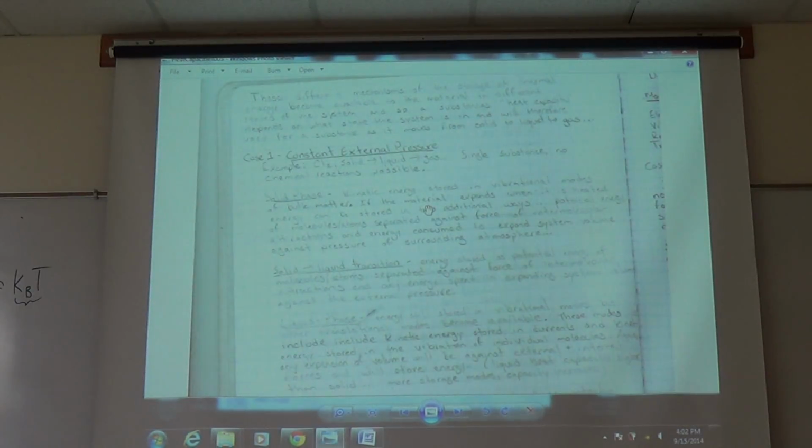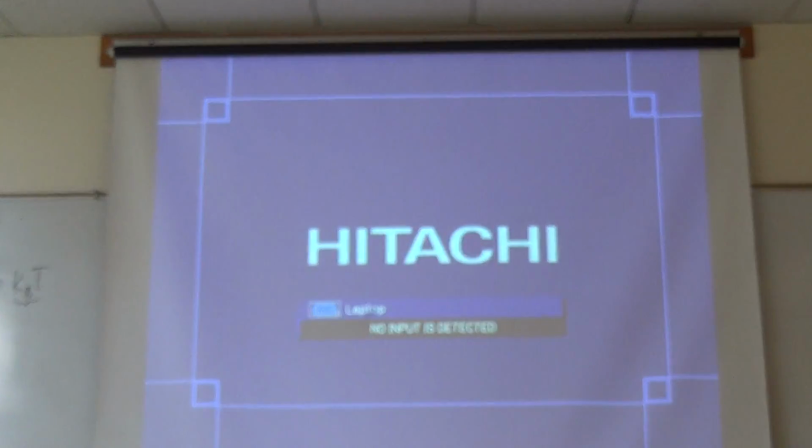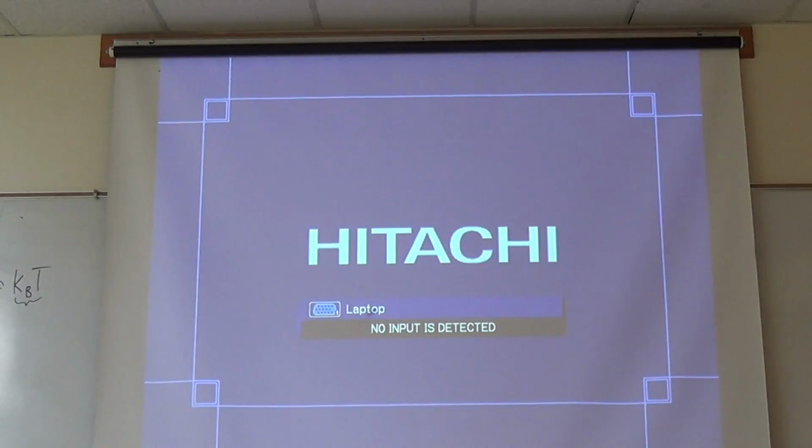And so we can write this as the total work done in expansion is equal to the total force times the distance. So it's the pressure times the area, and the distance traveled is just whatever distance the piston moves in the vertical direction.